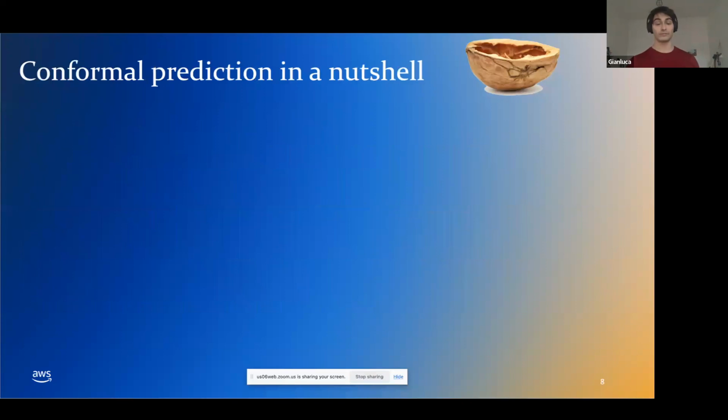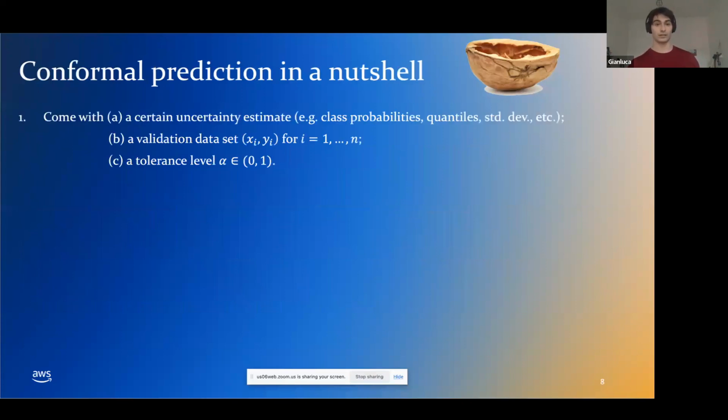Conformal prediction. Okay, let's now talk about this. At least we're going to talk about split conformal prediction, to be precise, but we don't need to go into the details. And as I said before, you usually start from an already given uncertainty estimate. Now, if you're doing classification, this could be the class probability vector, it could be quantiles, both in regression and classification, standard deviation, some form of uncertainty.